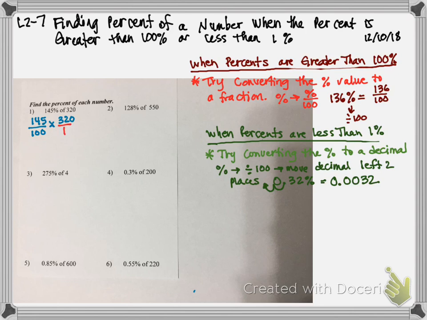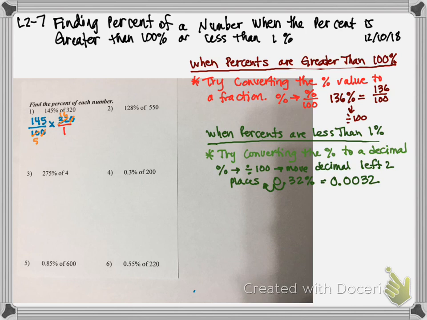So now I'm going to try to cross cancel. And first thing I notice is that I can divide a 10 out of each of those numbers on the diagonal. So now I have 145 over 10 times 32 over 1. But I also know that 2 goes into both of those numbers, so that gives me a 5. 10 divided by 5 is 2, and 32 divided by 2 is 16.